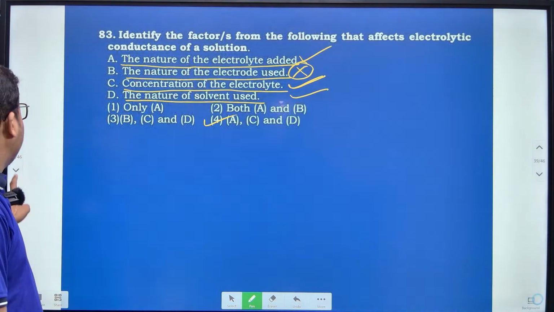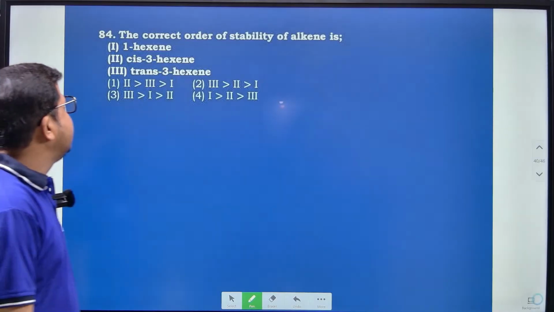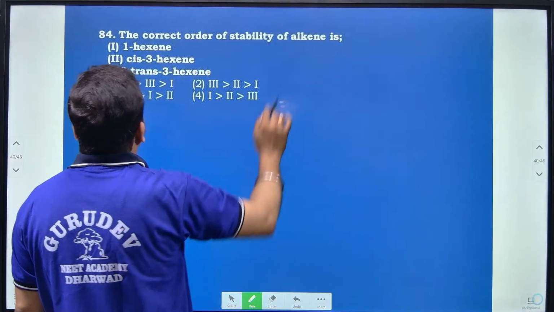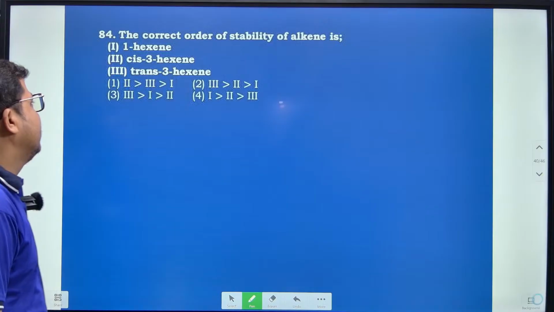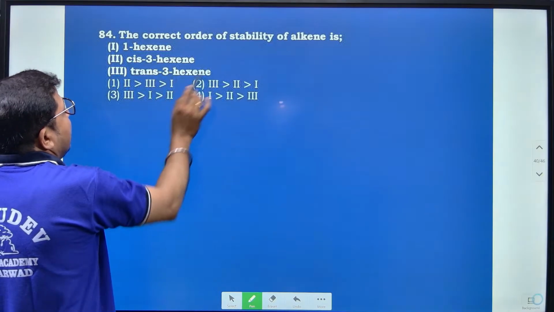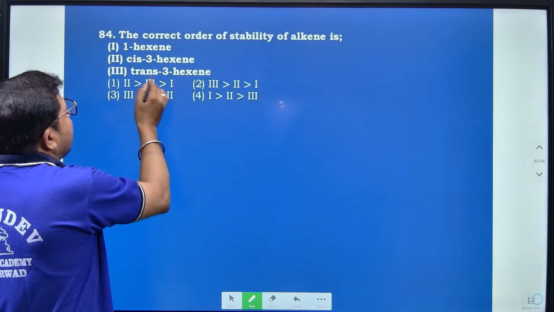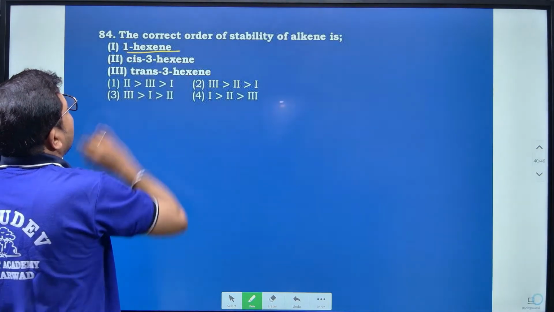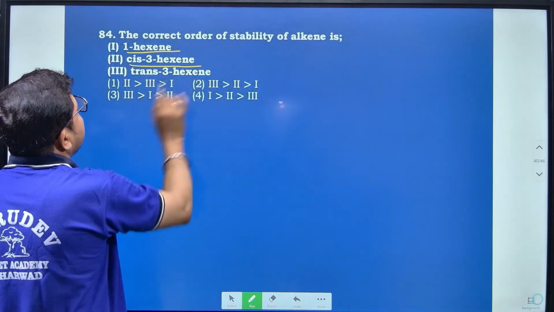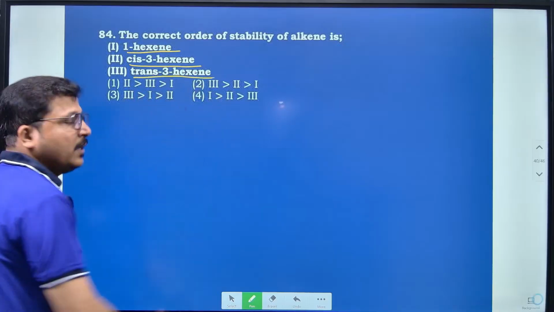Option number 4. And see here, the correct order of stability of alkene is: first one is 1-hexene, second one is cis 3-hexene, third one is trans 3-hexene.